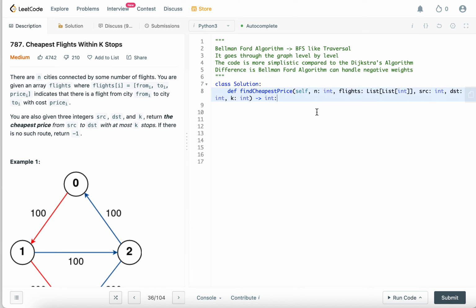So let's start our Bellman-Ford algorithm. Basically, I'm gonna define two lists. One is gonna be the main price list. It's gonna be just like Dijkstra, initialized so that every vertex points to infinity.